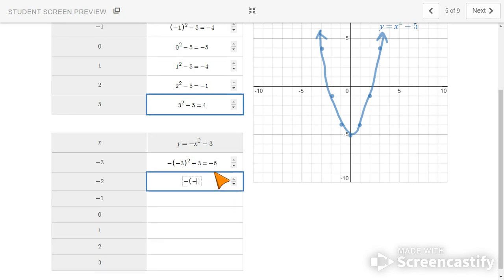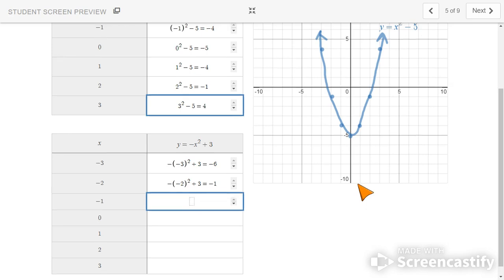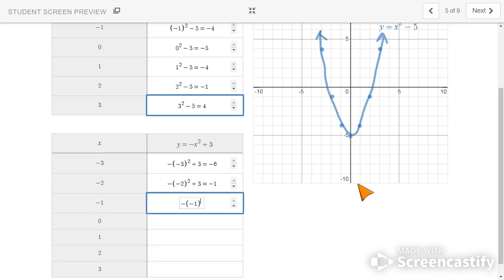Next one, negative times -2 squared plus 3. This is +4. Apply the negative, -4 plus 3, -1. Negative times -1 squared plus 3. -1 plus 3 is +2.